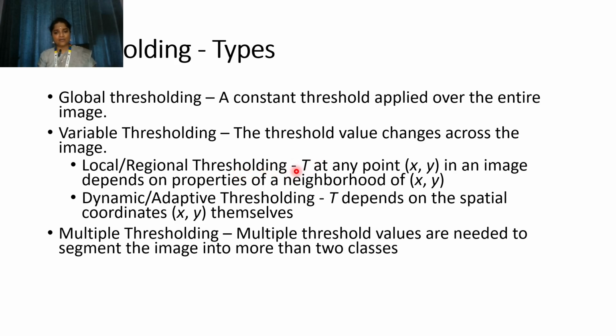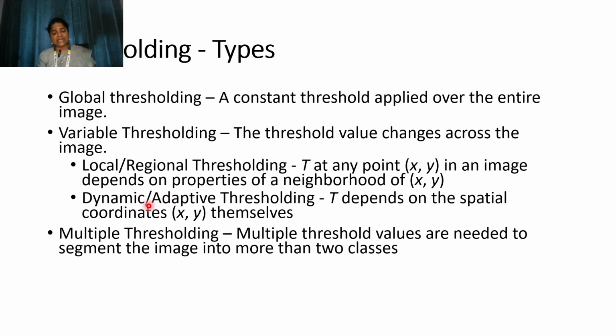Here, the threshold at any point in an image is going to depend on the properties of the neighborhood of that pixel. It can be the average or it can be the maximum of those pixels. So any property of the neighborhood of the pixel is going to be used to calculate the threshold at any point. That is local or regional thresholding.